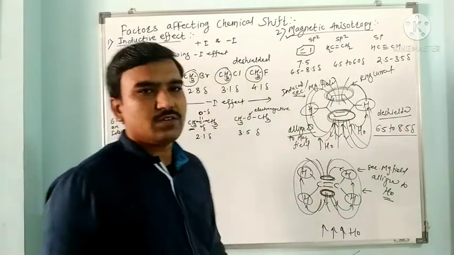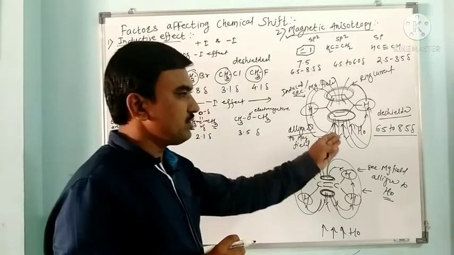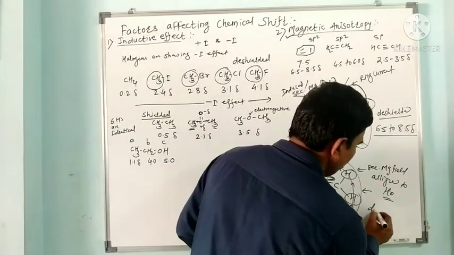So again these protons require less energy for resonance. When it requires less energy for resonance, then it gives a signal away from this. So it gives a signal in the downfield region.